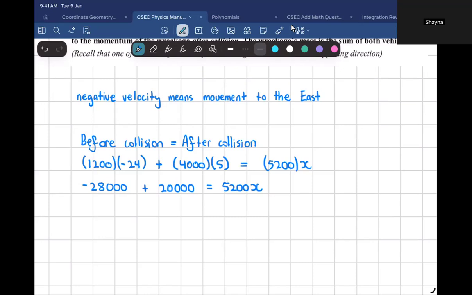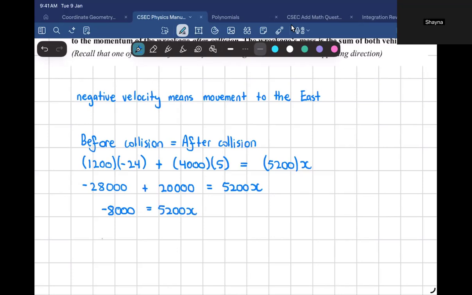What's the next step? You'll add your two together, the momentum of the truck and the car. What do you get? Minus 28,800 plus 20,000, you'll get minus 8,800. Right? Minus 8,800, and that would be equal to 5,200 x.